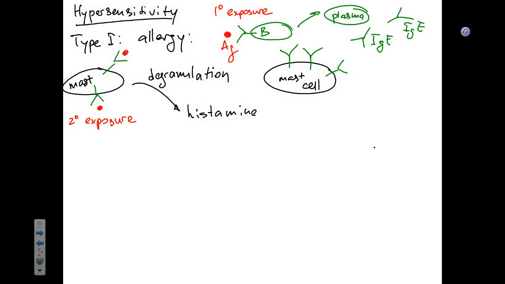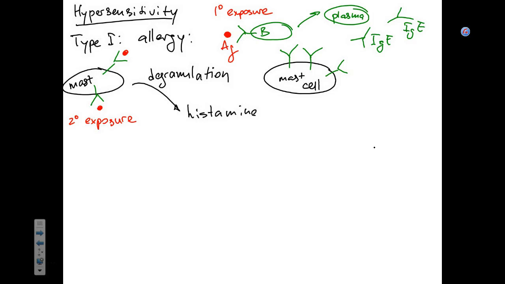What happens to the vascular permeability, the ability of the blood vessels to let fluid through? It increases, right? So more fluid goes through the blood vessels and more fluid goes into the mucus in the nose, and you form watery secretions. So you get a stuffy nose.